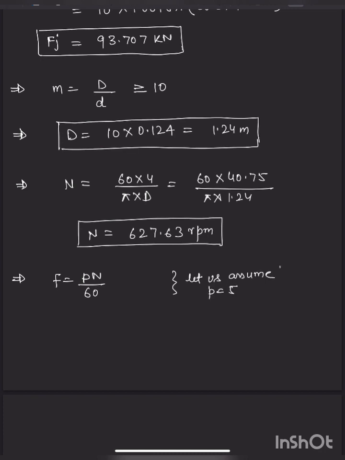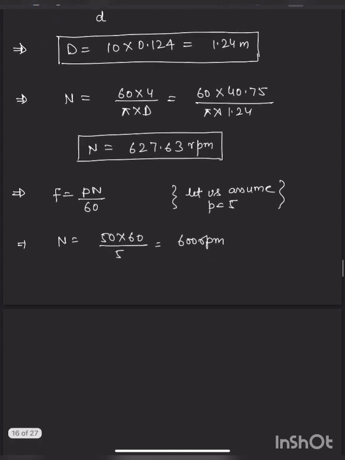Since P is not given, we will calculate N by taking an arbitrary value of P. So let us take the value of P as 5, so that N is equal to f into 60 divided by P. 60 into 60 divided by 5 comes out to be 600 rpm.